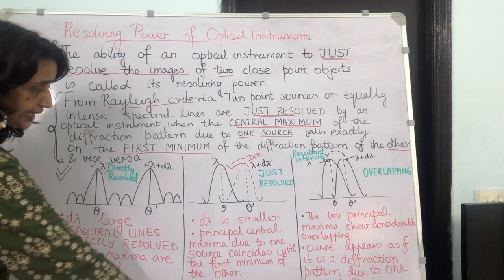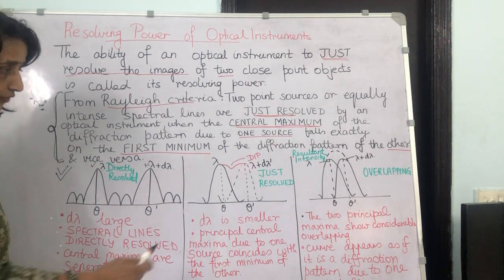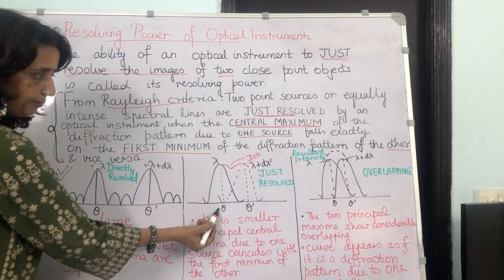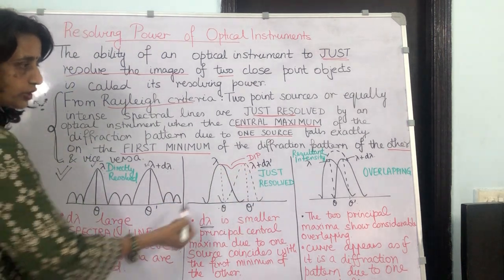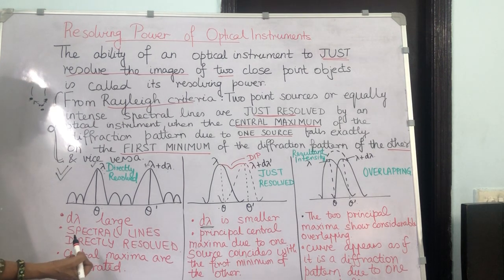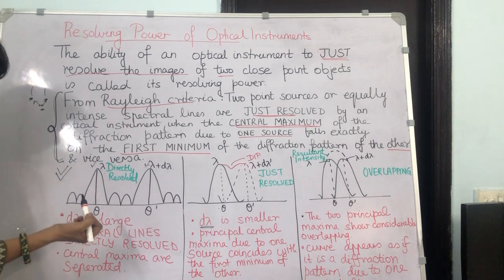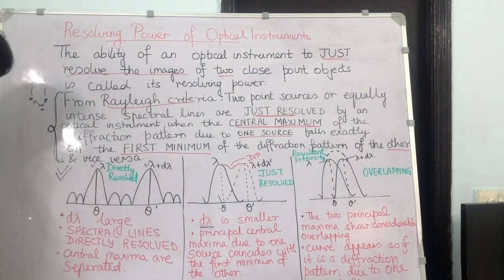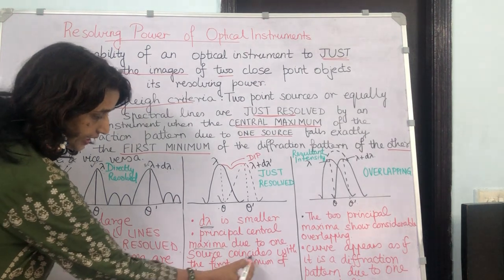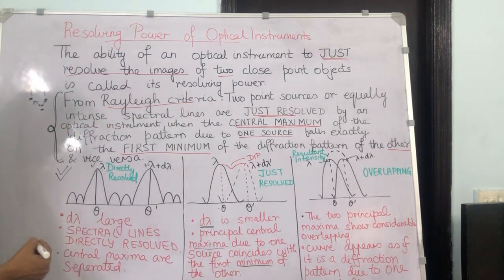Now let us have a look at the second diagram. When the difference in wavelength is made smaller, we reach a limiting value for which the angular separation between the principal maxima is such that the principal central maximum due to one source coincides with the first minimum of the other.